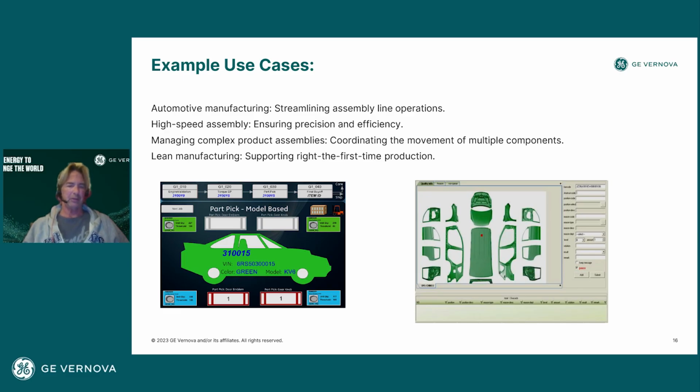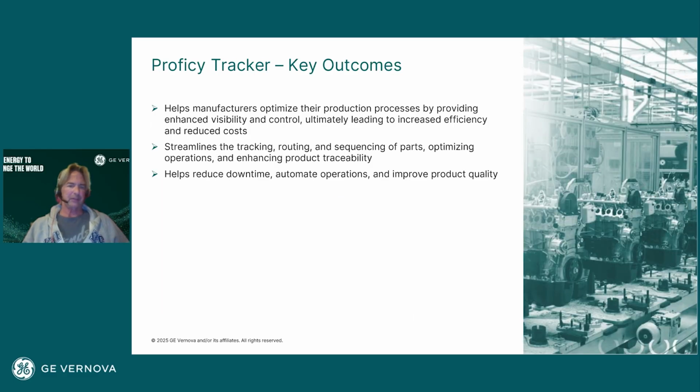And lean manufacturing, trying to optimize your costs, get a first time right production out there. Lastly, the key tracker outcomes is optimizing your production process, creating a lot of visibility, troubleshooting for the plant manager and his team.